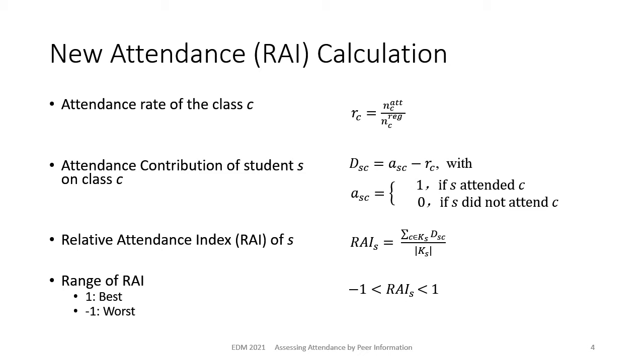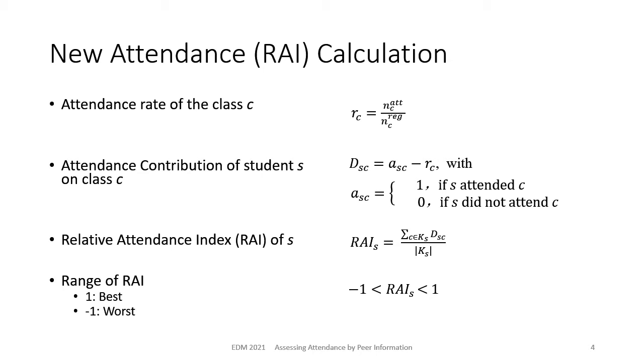The new attendance calculation goes in this way. First, we calculate the attendance rate of a class, RC, which is the number of attended students divided by the number of registered students. Then we calculate the attendance contribution of a student. If a student attended the class, then the value is 1 minus RC.